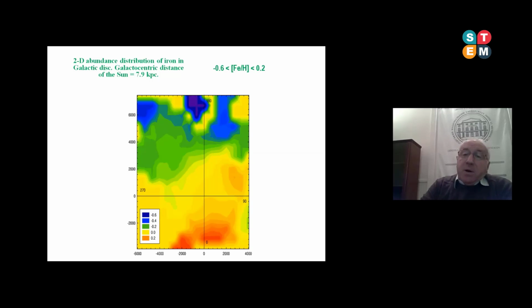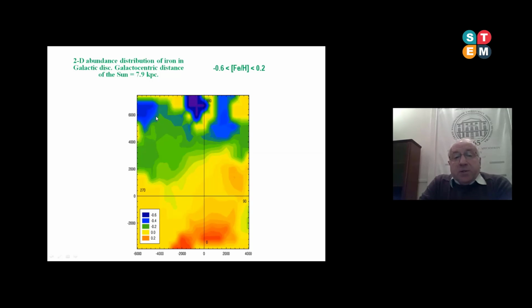So we see we covered the range of metallicity. Iron content is always called metallicity. So metallicity from minus 0.6 means that heavy metals, iron, for example, are about 4 to 5 times less than in our sun, and 0.2 is more than in the sun.